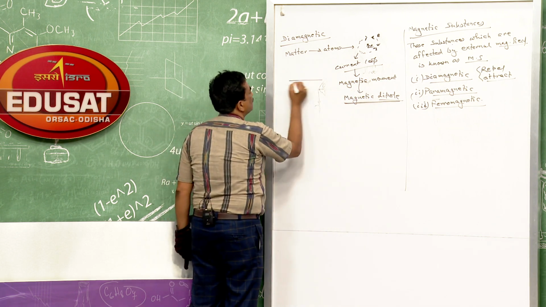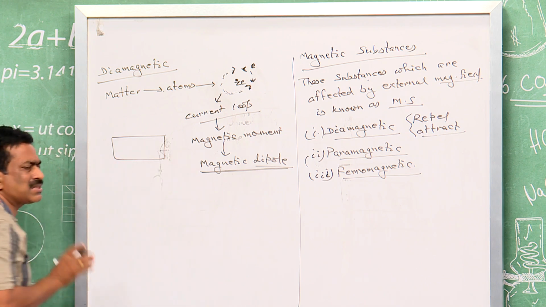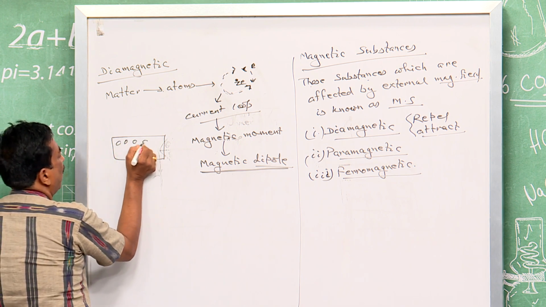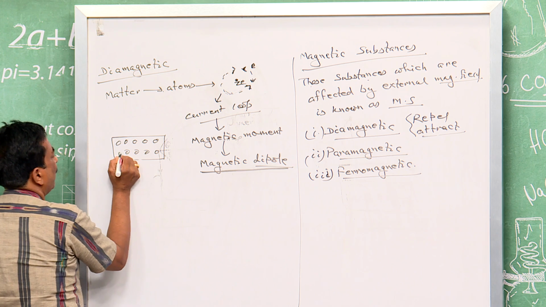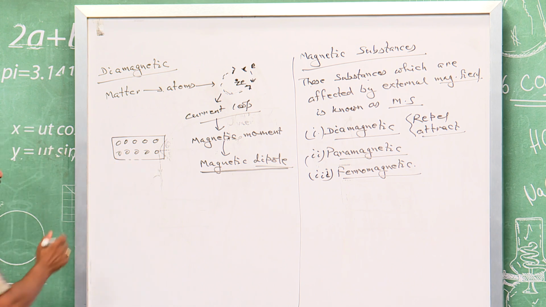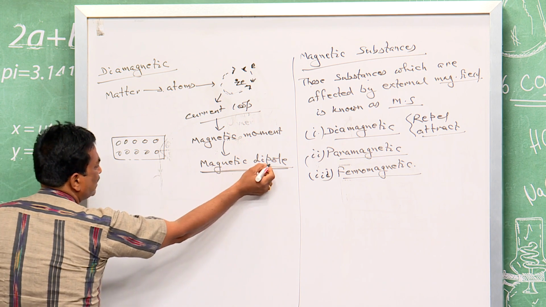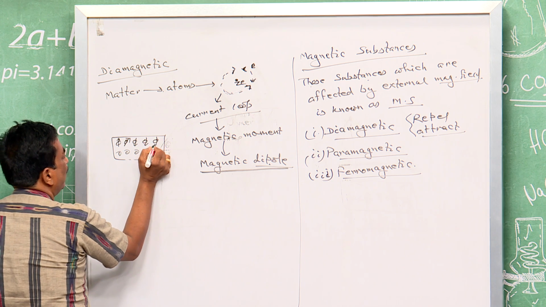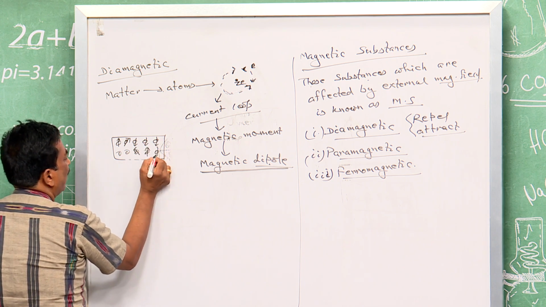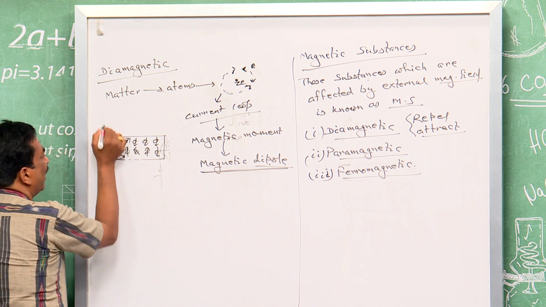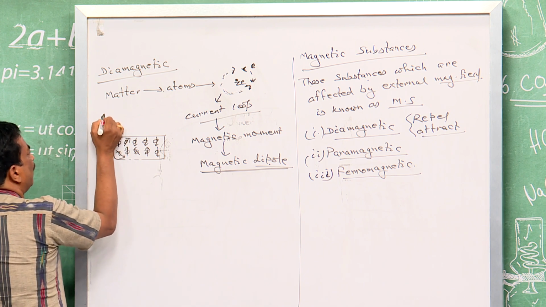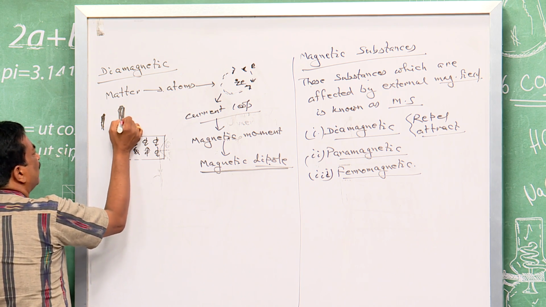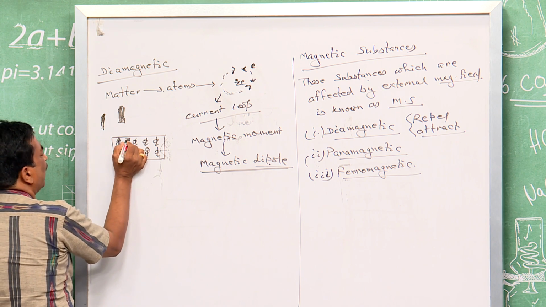Suppose this is one of the samples which we call diamagnetic, and here we will have atoms, and these atoms will behave as magnetic dipoles. Dipoles are generally represented by an arrow mark, so we are giving simply an arrow.